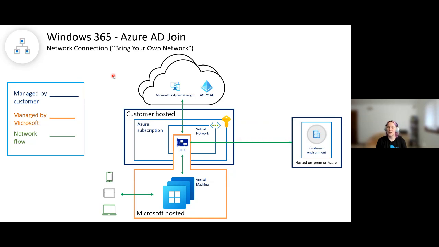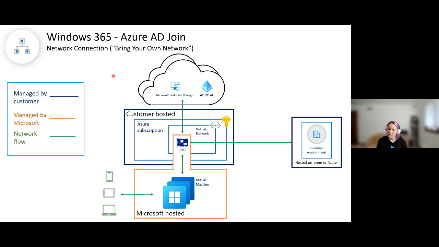Next is what we call kind of that nice middleman approach. You have Azure AD join, but you're bringing your own network. So this does require the customer to have a subscription, have a VNet, have the permissions for Windows 365 to provision on that BYO network. So again, there's a little bit of uplift for the customer to get started.